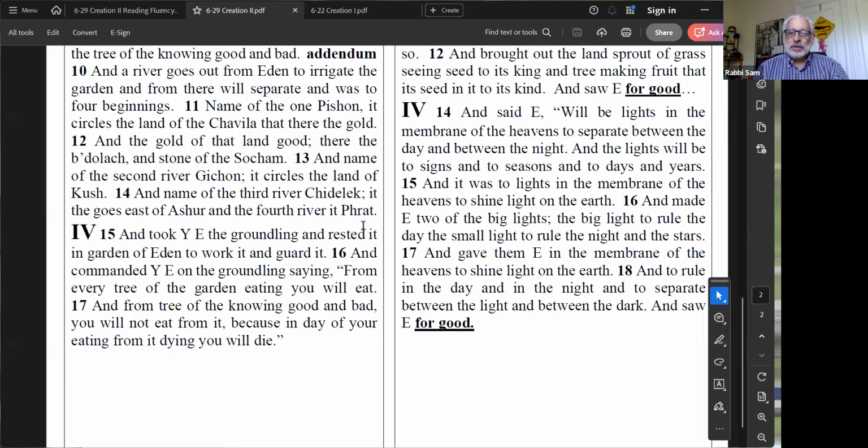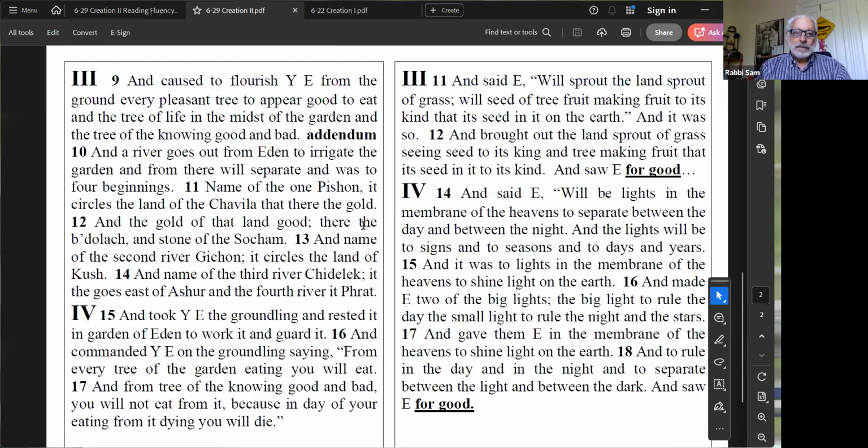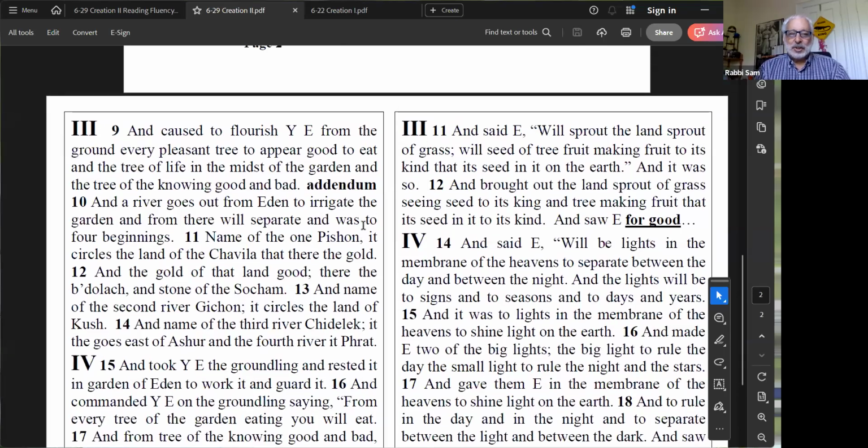And we're not told that it was a forbidden tree. So what's up with the Eitz Chaim, the tree of life? It's in the story, and suddenly it's not in the story. How did it get there, and what happened to it?